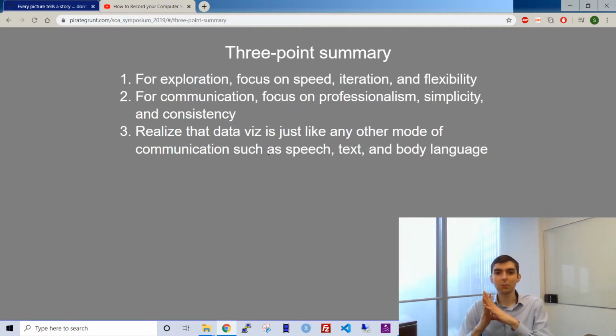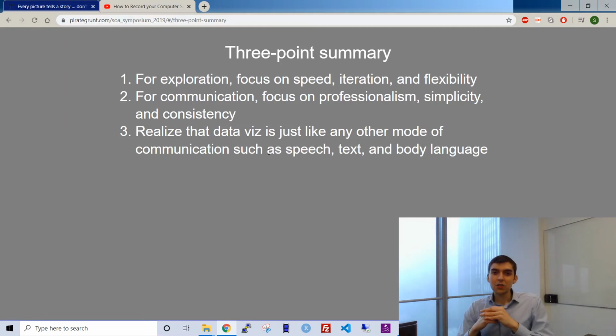So to summarize this whole presentation: one, recognize the difference between exploration and communication. When you are focusing on exploration, try to focus on speed, iteration, and flexibility. This is when all of the technical R, Python, Tableau skills really come into play.